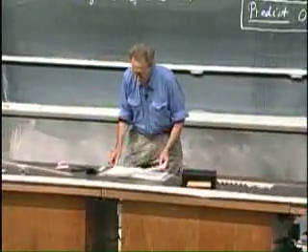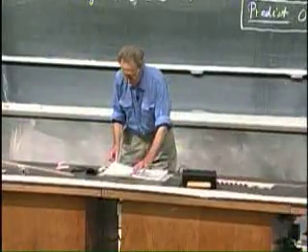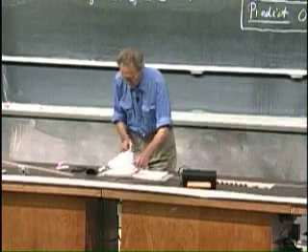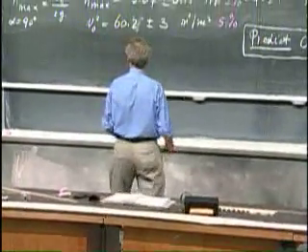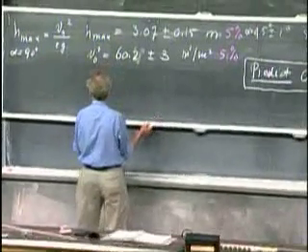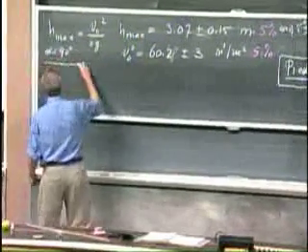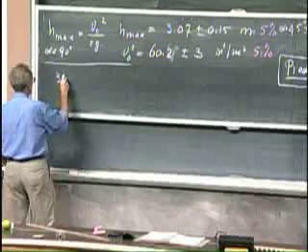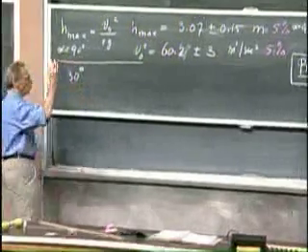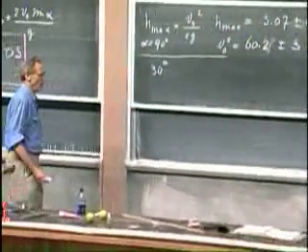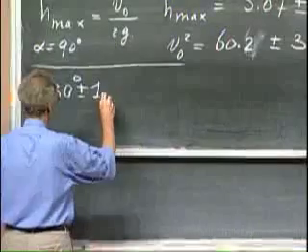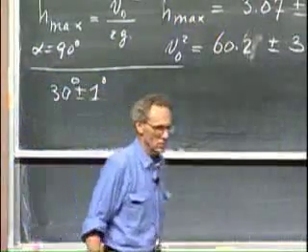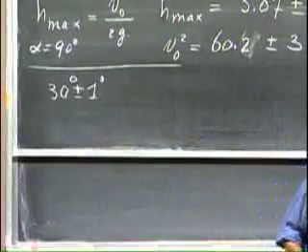So now, I wonder what happens if I fire the ball at 30 degrees. Well, if I do it at 30 degrees, then my V0 square is the same. I don't have to worry about that, I hope. However, I cannot be certain about the angle to better than 1 degree.